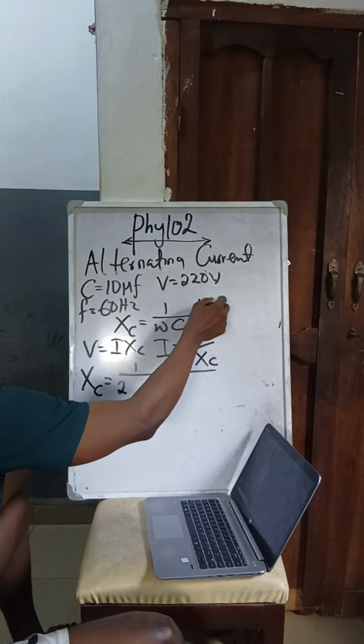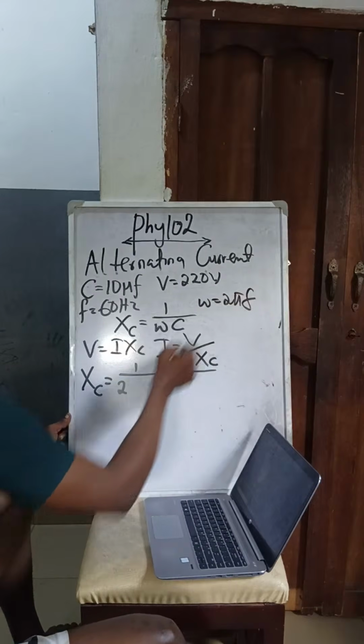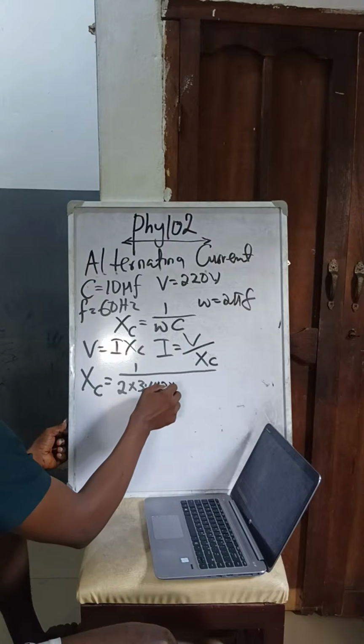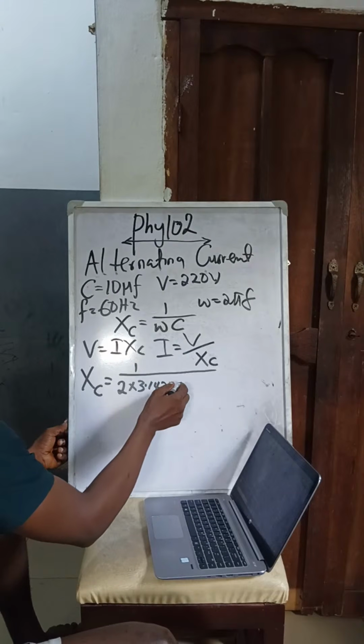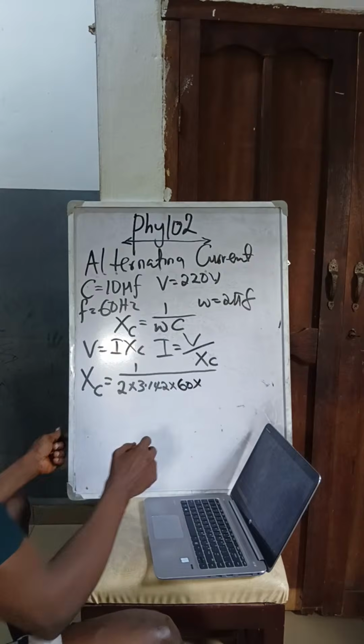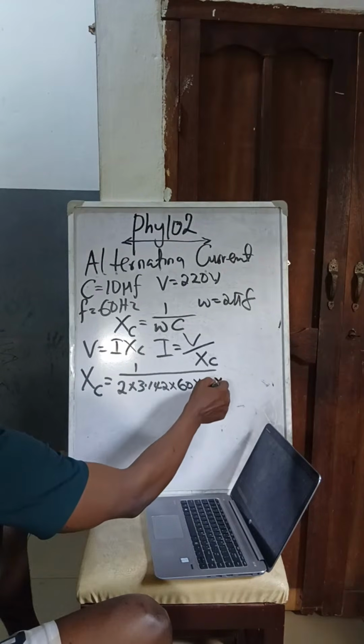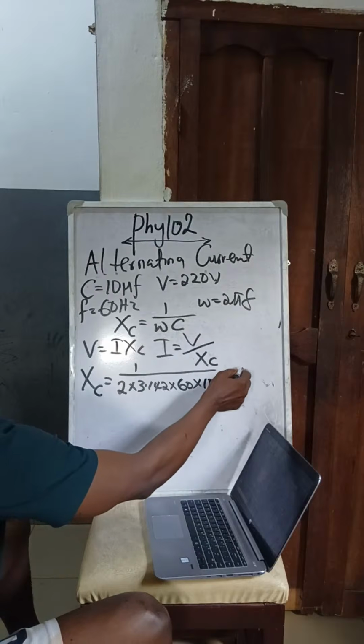Here W is equal to 2 pi F. 2 times 3.142 times 60 times 10 times 10 raised to the power minus 6.